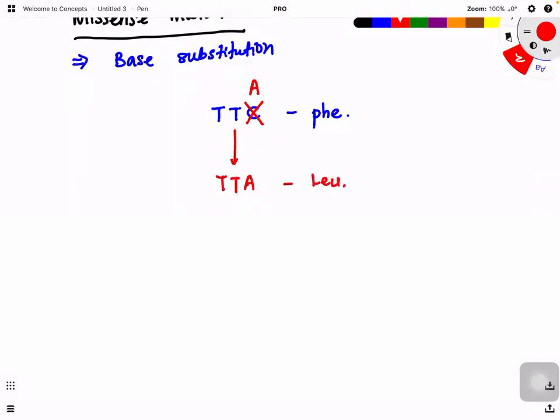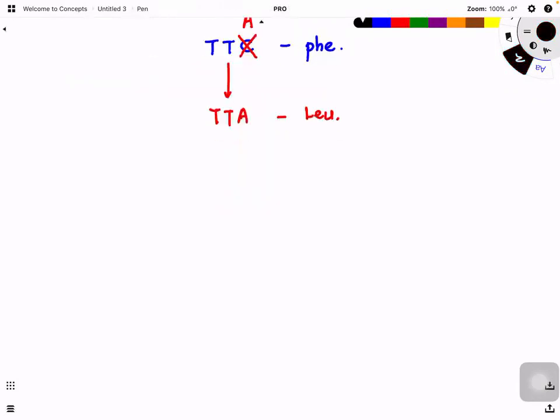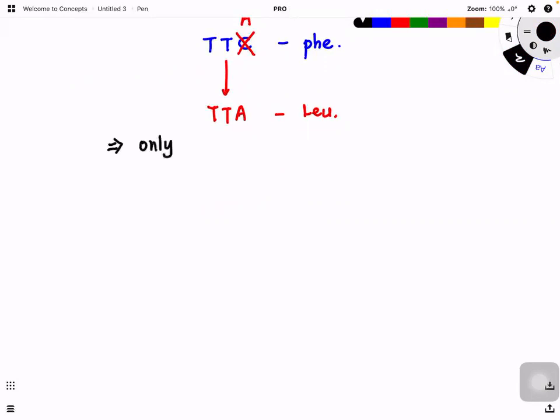So you can see that there is a change in the amino acid already. But the entire length, very important in missense, only one amino acid is affected, is substituted.